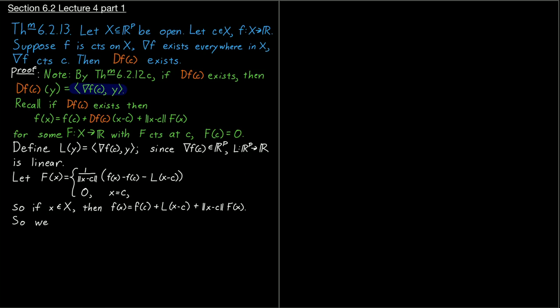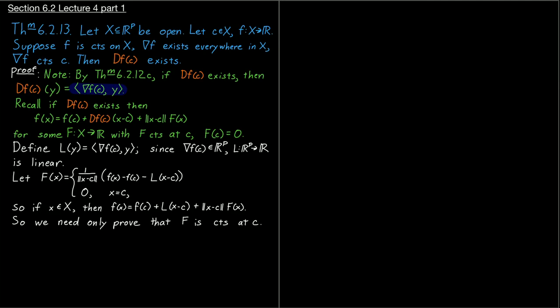So we need only prove that big F is continuous at c. And then we'll know that f of x is f of c plus a linear function of x minus c plus the norm of x minus c times a continuous function that's 0 at c.